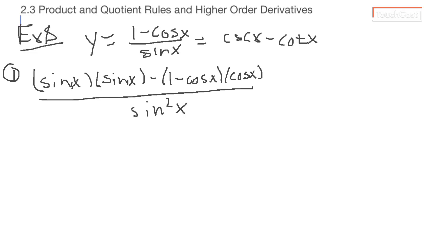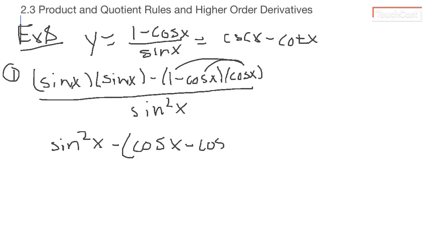Well, now let's simplify it up. Sine x times sine x gives us a sine squared x minus, let's distribute cosine into 1 minus cosine x. So we're going to have cosine x minus cosine squared x all over sine squared x.